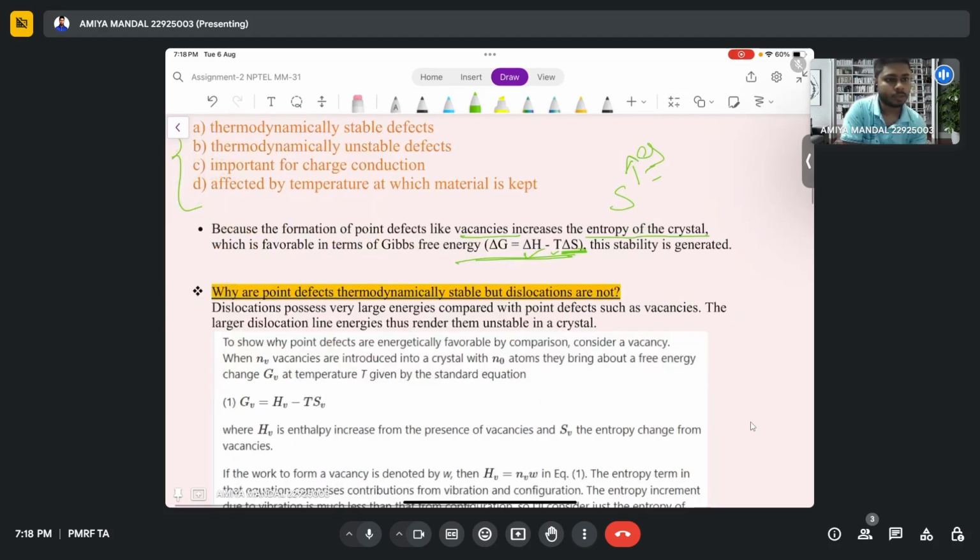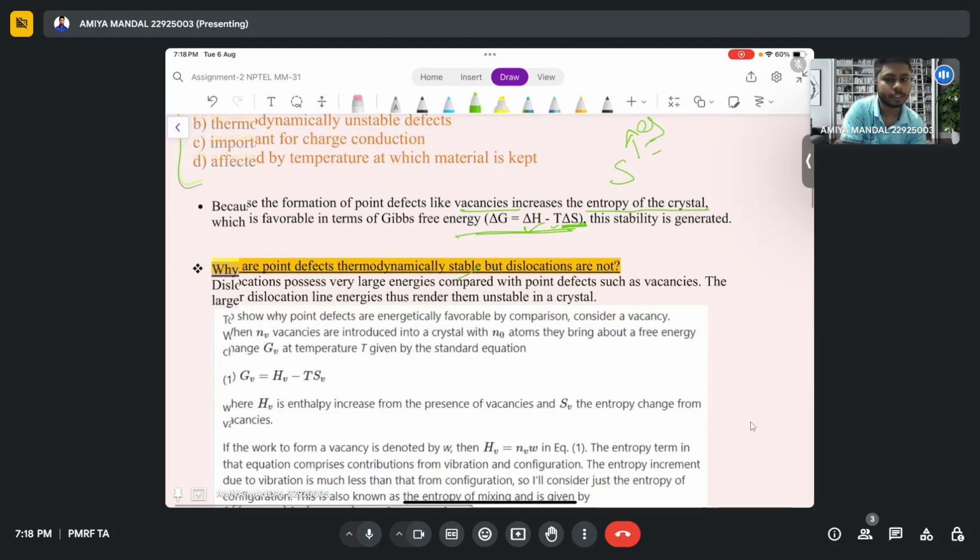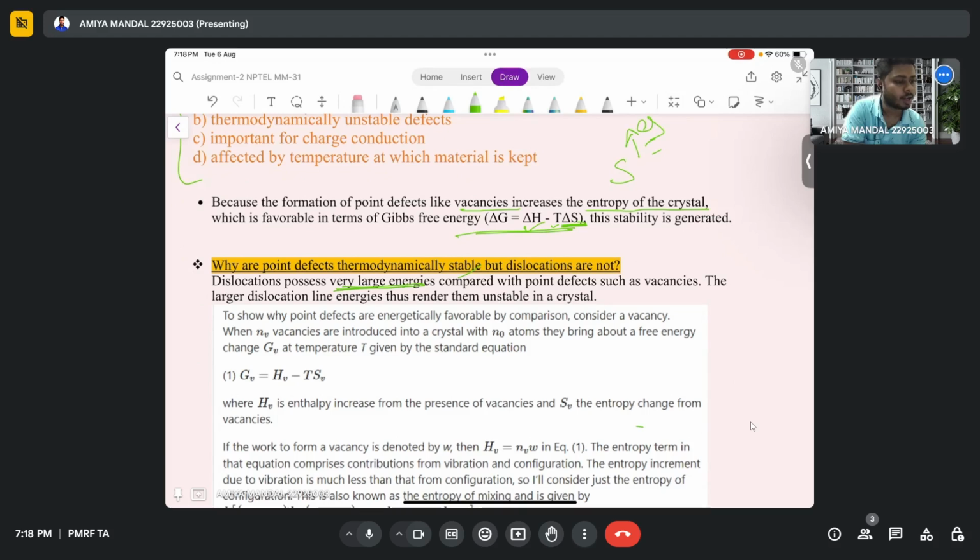The famous question arises here: why are point defects thermodynamically stable but dislocations are not? Dislocation possesses very high energy. Dislocation means other atoms remove the original atomic position of the crystal and occupy that position. In these cases, large energies are formed in the dislocation process compared with point defects.